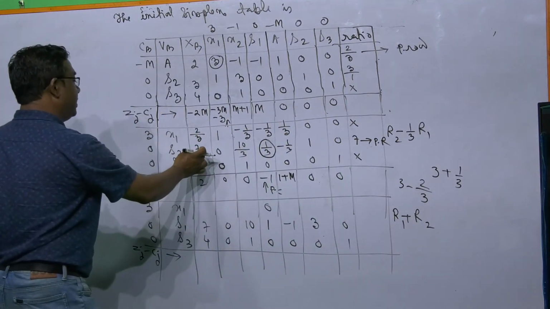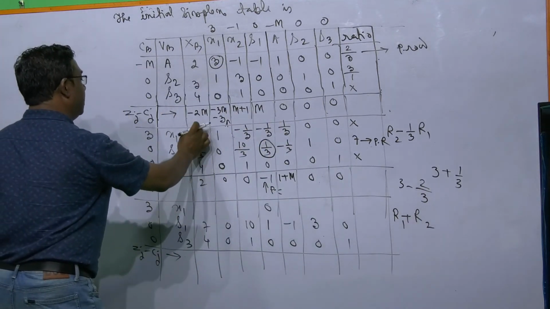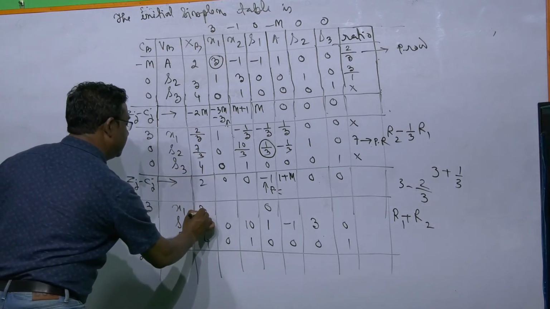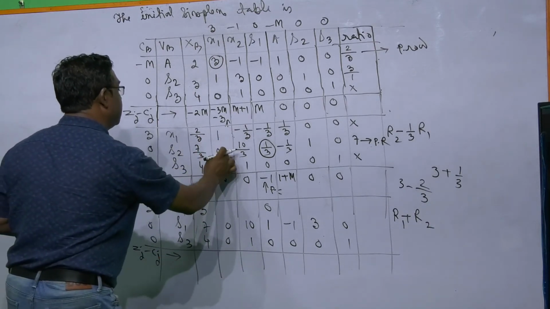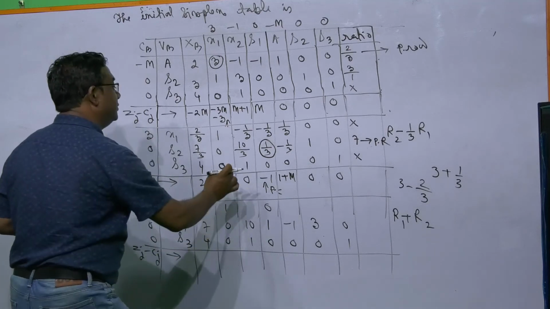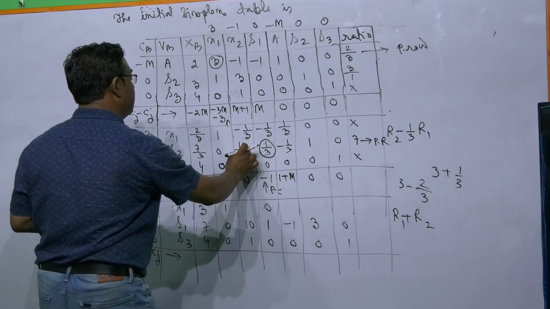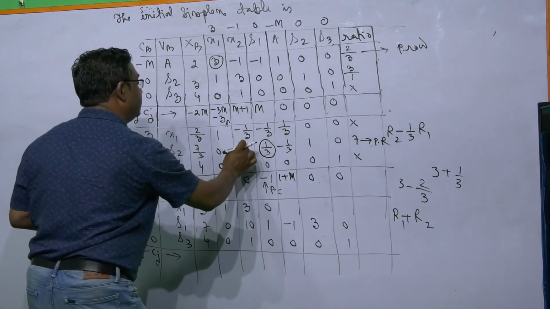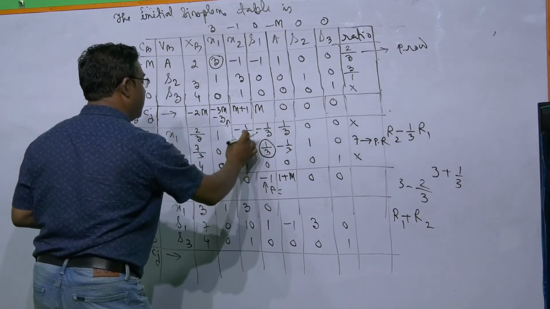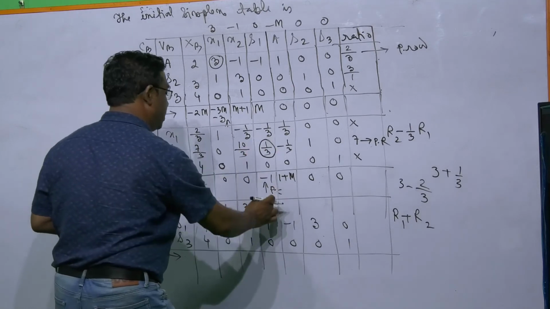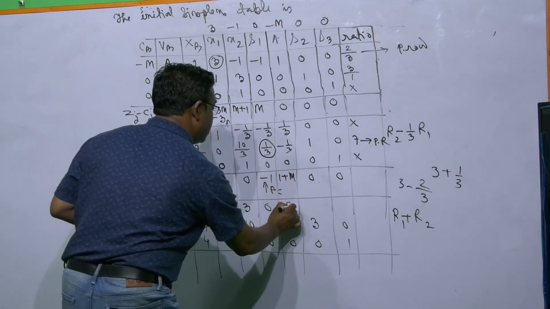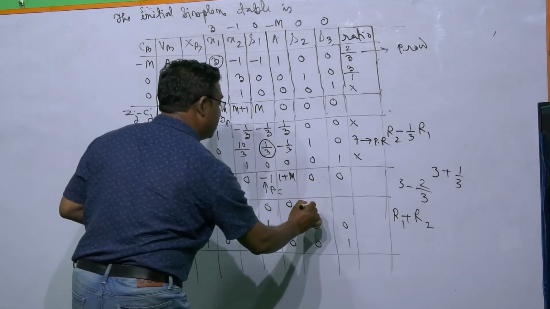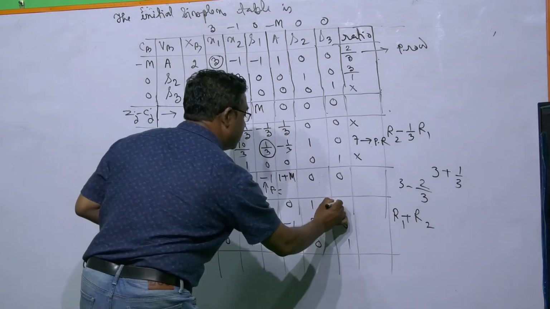So you add it here. So 9 by 3 becomes 3. This is 1. Then minus 1 means 9, 9 by 3 is 3. Okay. This is 0. This is also 0. This is 1. This is 0.